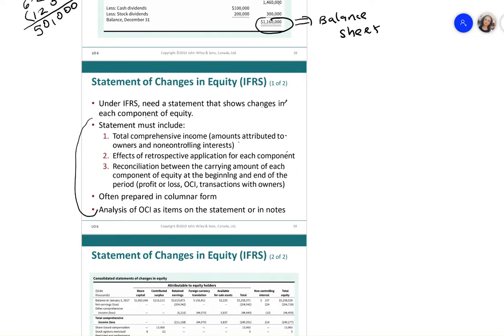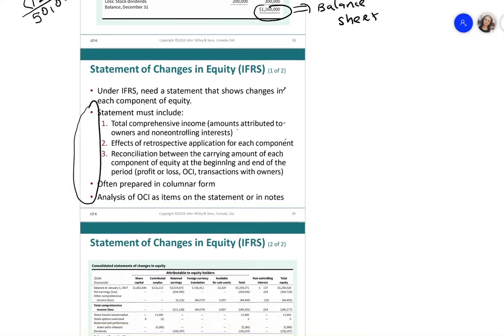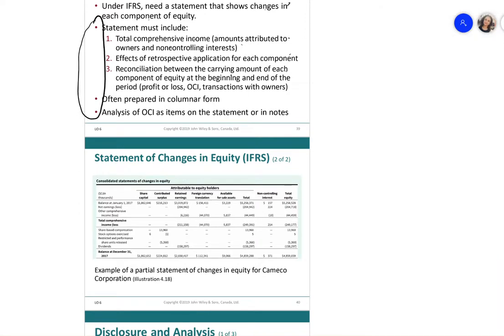These are some of the components that go under the consolidated statement of equity.